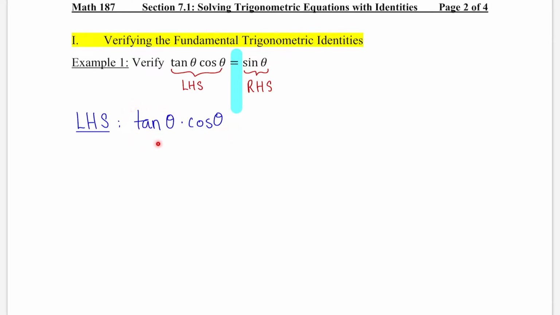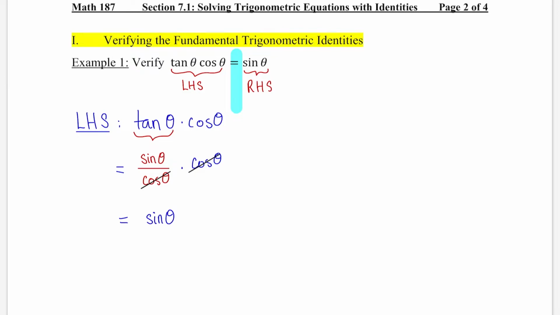I noticed that I can rewrite tangent of theta into sine of theta over cosine of theta. And from here, cosine of theta is canceling each other out, and I end up with sine of theta.